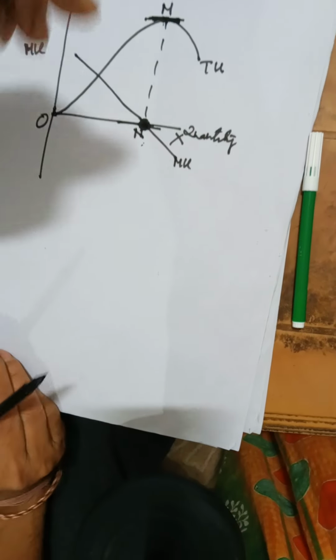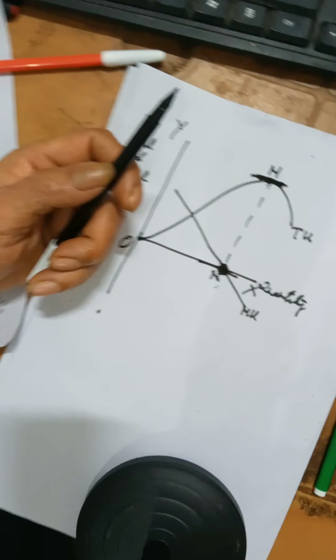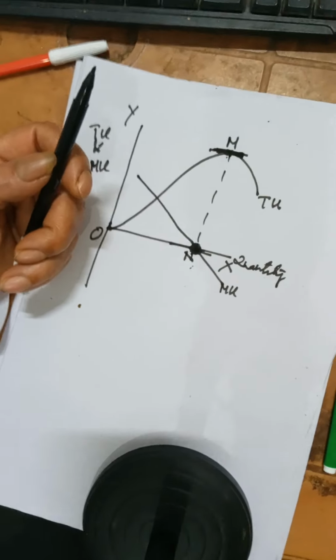Now, why can marginal utility be negative? When a consumer goes on consuming more and more of a commodity, the marginal utility derived from the additional unit falls, and a point will come when the consumer gets no further utility by consuming one additional unit of that commodity.